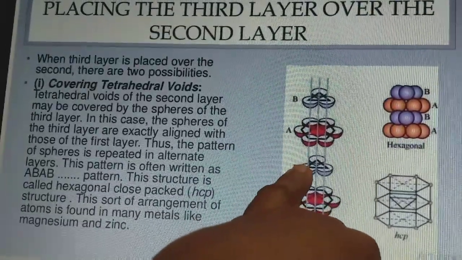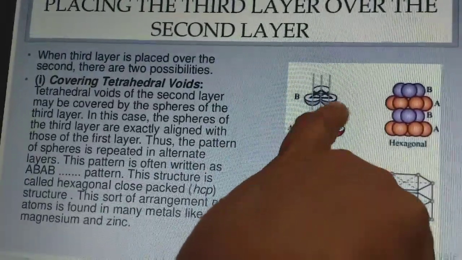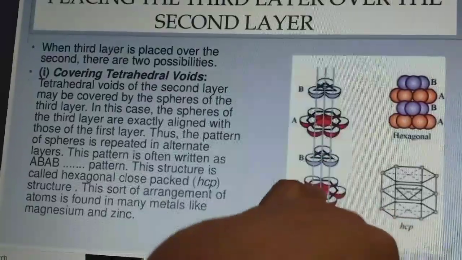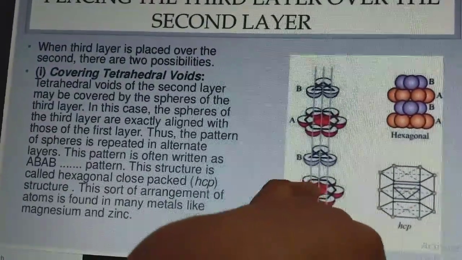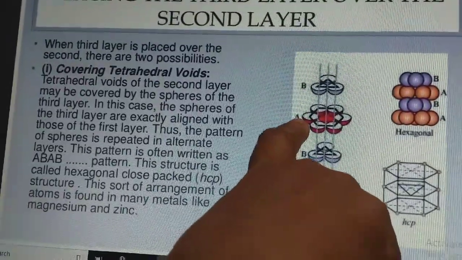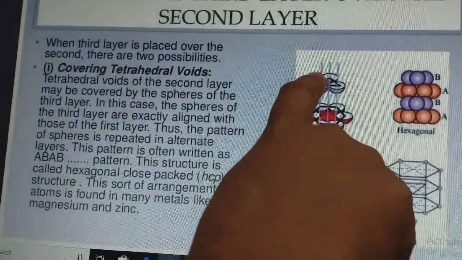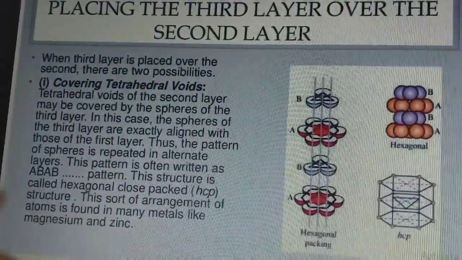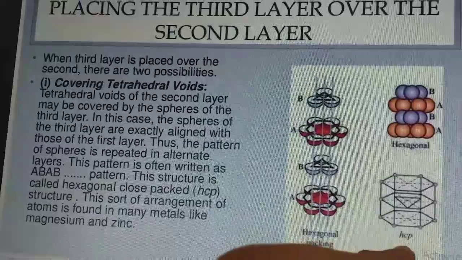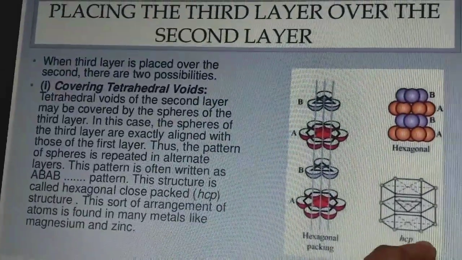Now B is your second layer, and if the third layer covers the tetrahedral void, then the third layer will be exactly vertically aligned with the first layer. That's why A is repeated again here. Then B. That means the fourth layer is vertically aligned with the second layer. This pattern we call AB pattern.